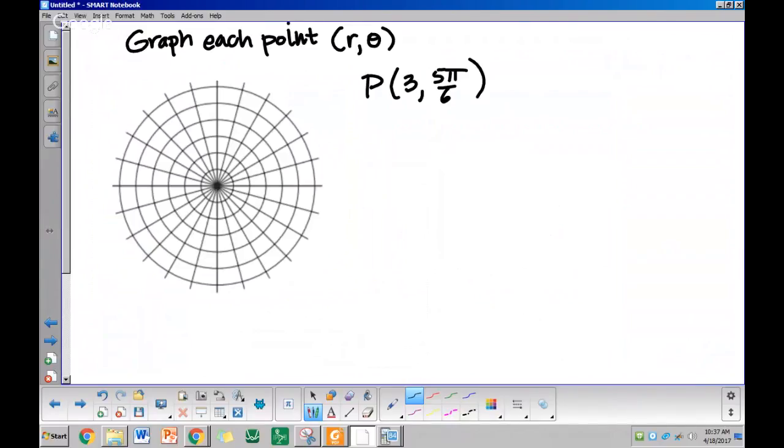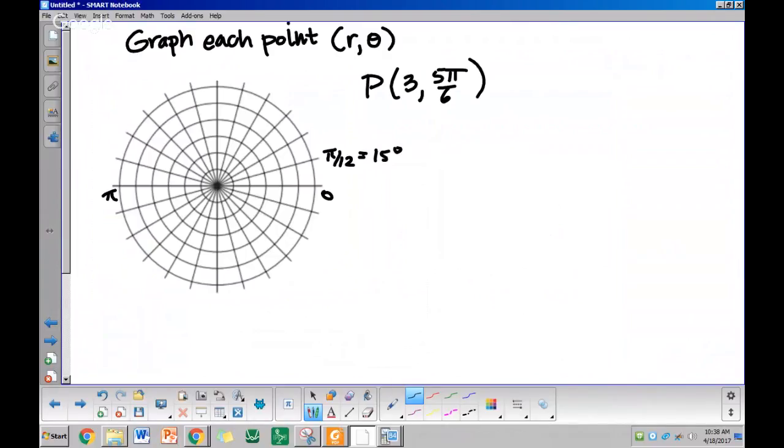So what you have in front of you is polar paper, so let's analyze it a little bit. Between 0 and pi, just like we're used to, this would be 0 and this is pi. The upper two quadrants are divided into twelfths, so this first angle is pi over 12 or 15 degrees.